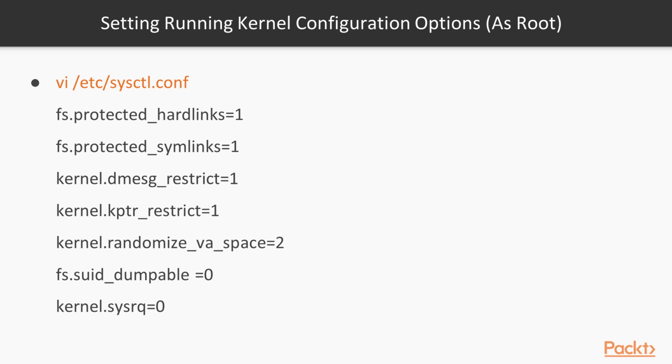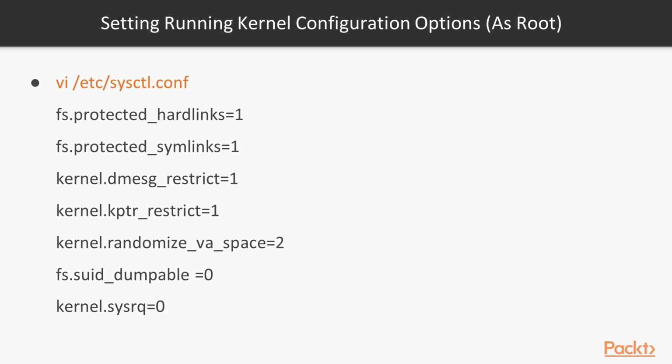Another thing we can do to secure the kernel is configuring sysctl configurations. These are dynamic kernel configuration options we have. I already showed you some of these options in the previous section.